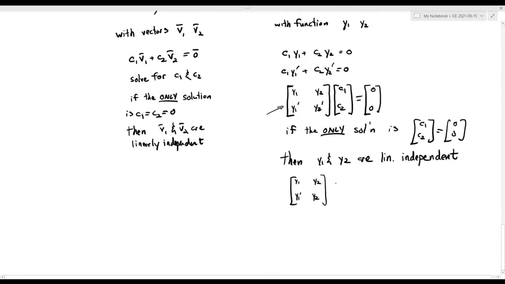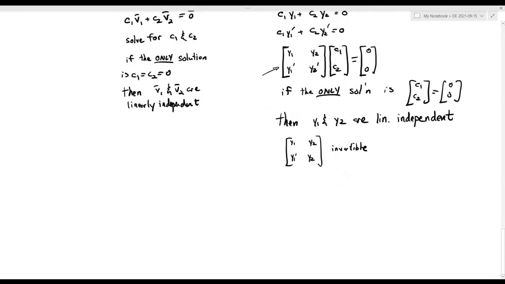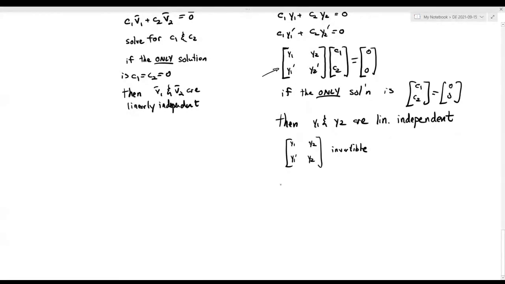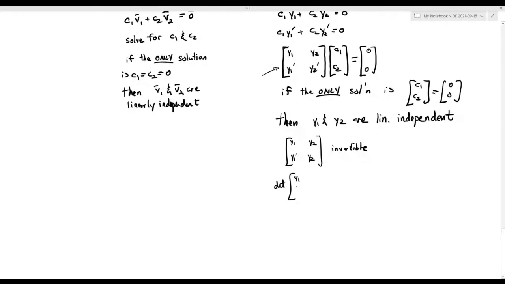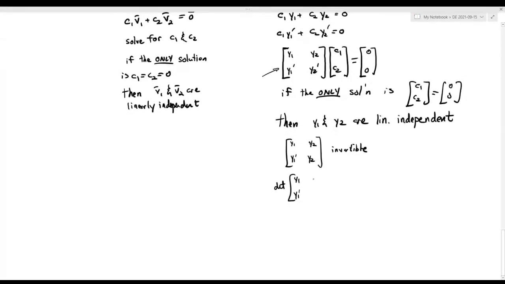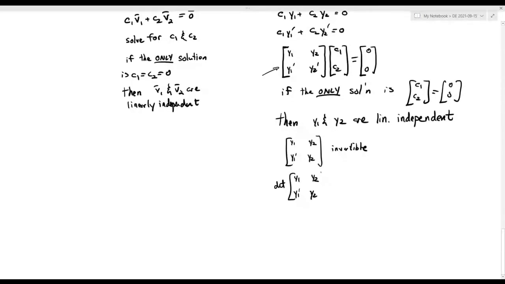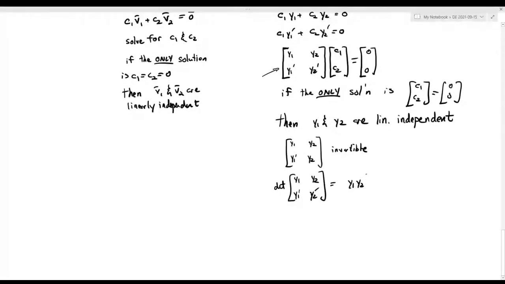So we get a unique solution if this is invertible. And an equivalent condition for a matrix to be invertible is to say its determinant is non-zero. It's not equal to 0.